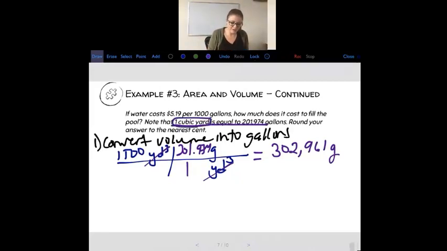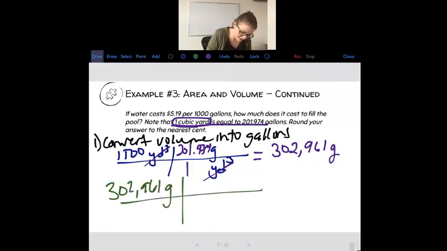Okay. So now in order to determine cost, it's $5.19 per 1,000 gallons. So when we determine cost, our unit is going to end in dollars. So we have 302,961 gallons. And then our cost is $5.19 per 1,000 gallons. So remember that the word per means division. $5.19, 500 would be a lot, per 1,000 gallons.